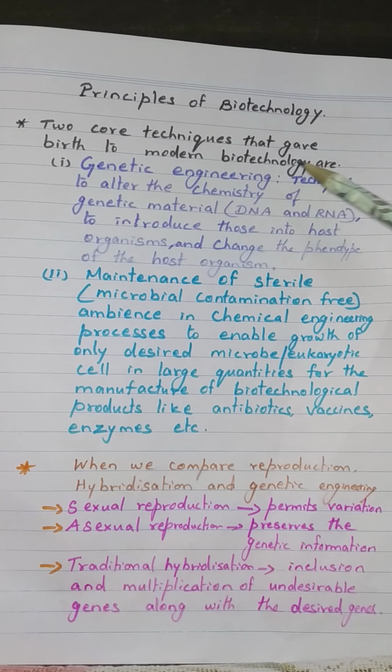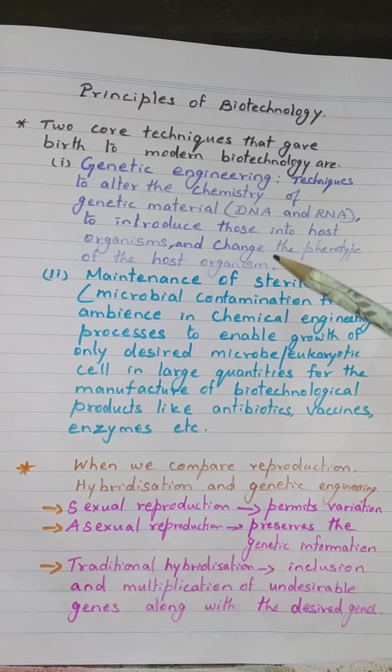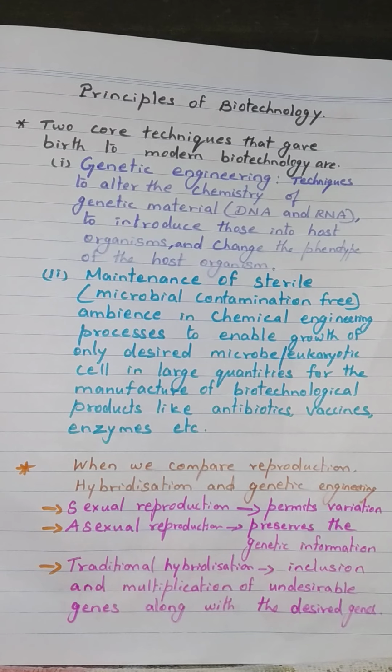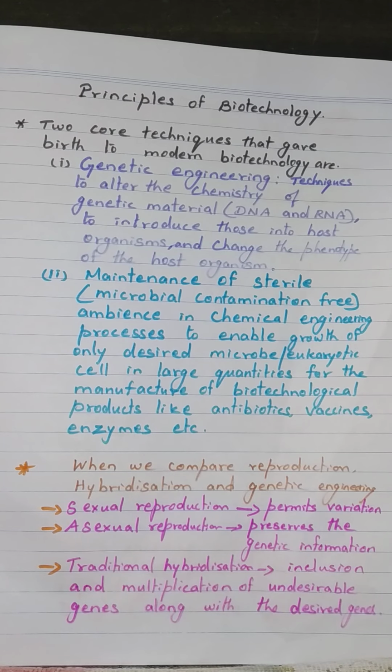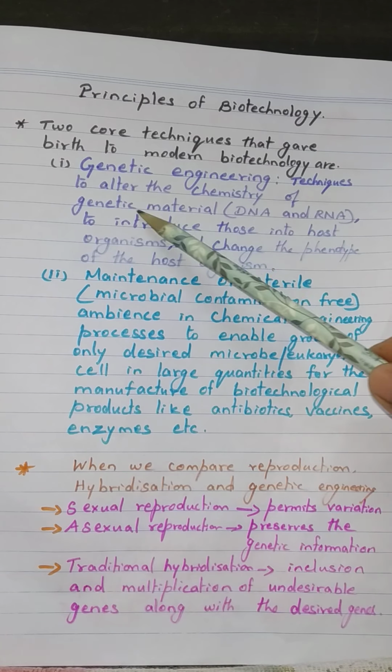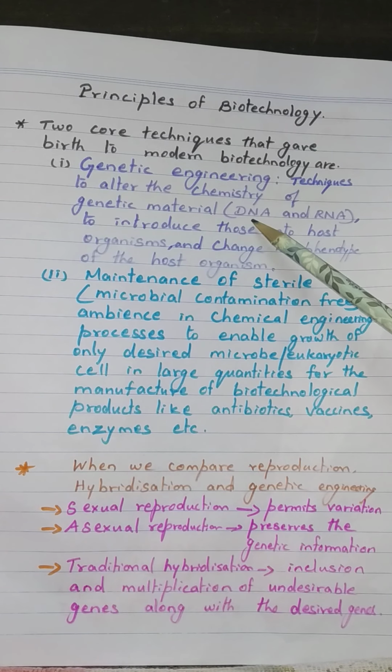Genetic engineering: already I explained, nowadays they use genetically modified organisms in biotechnological processes. So we have to modify the genes of the organisms, and afterward we can use them for producing products. So, techniques to alter the chemistry of genetic material, that is genetic engineering.